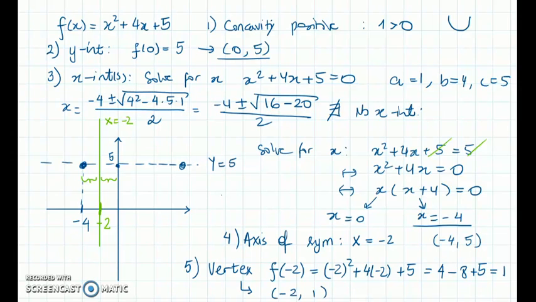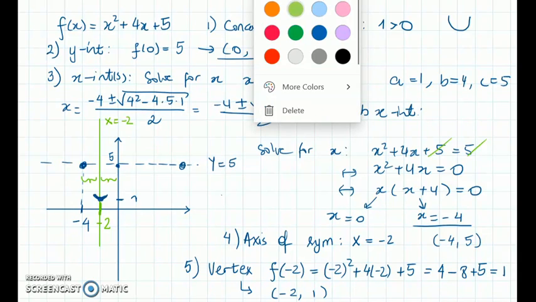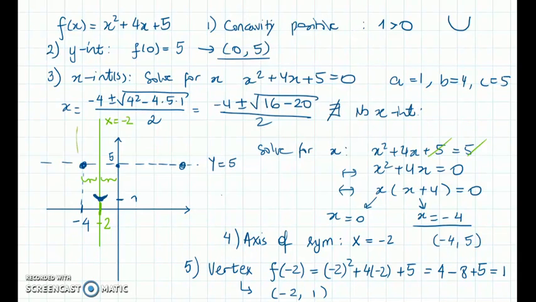I'm going to add that to my picture with the smile to show that the concavity is positive. And now I can go ahead and sketch the parabola. That's how it looks like, the parabola y equals x squared plus 4x plus 5.